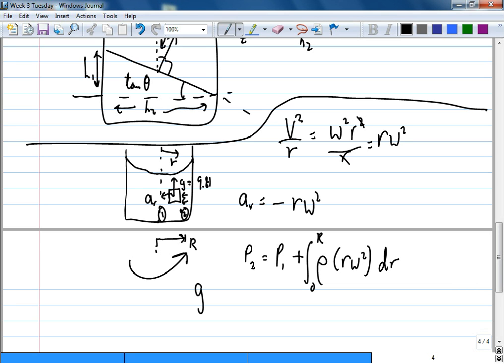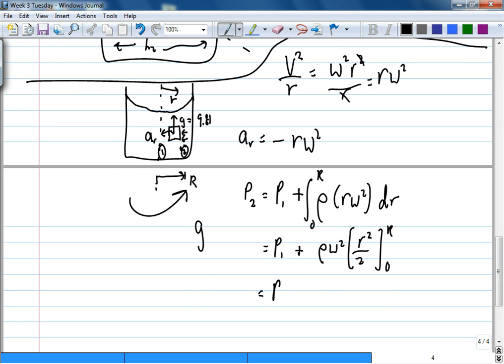So we have to integrate, we have to sum up all the contributions, we cannot just multiply straight off. So it's P1 plus rho omega squared, constant, and the integral of R becomes R squared on 2. So P2 equals P1 plus rho omega squared big R squared on 2. That is the pressure between the center and some point at 2.